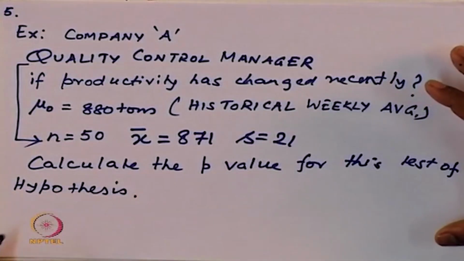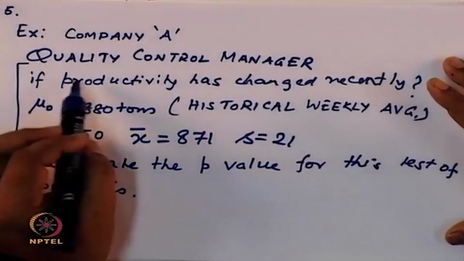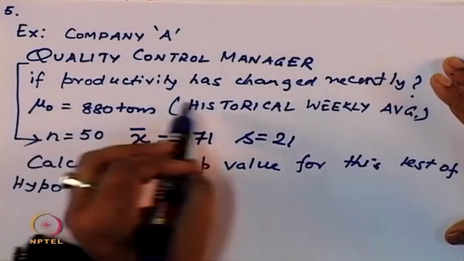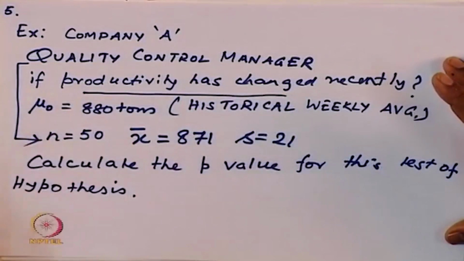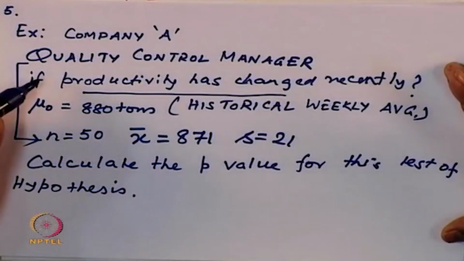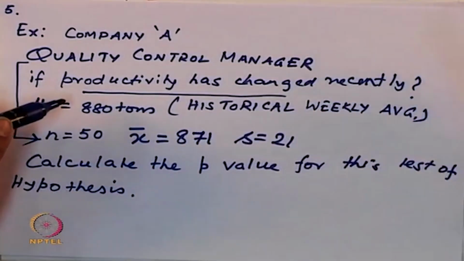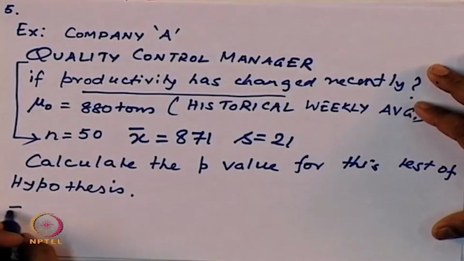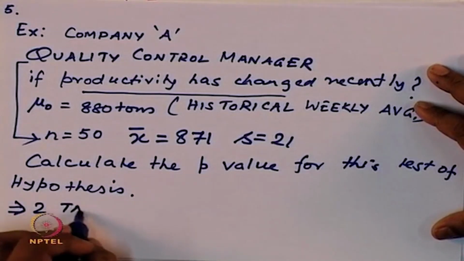What you note is that the quality control manager wants to evaluate if productivity has changed, which means he does not want to see whether it has increased or decreased. So this implies this is a two-tailed test.